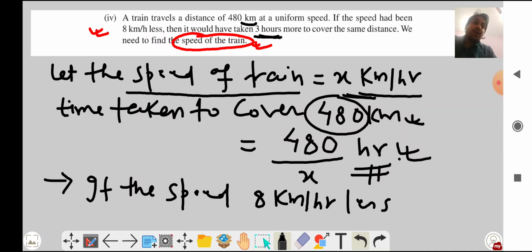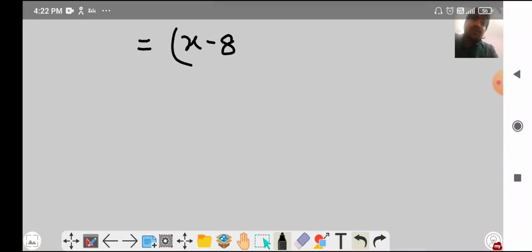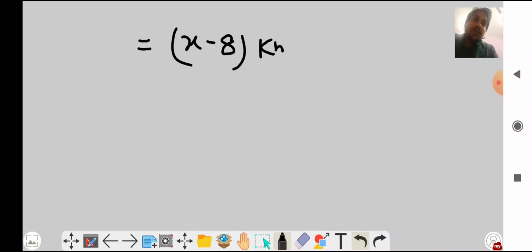See, what is the original speed? It is x km per hour. If it would be 8 km per hour less, so how much is the speed? Initially it is x, and if it is 8 km per hour less, it will be x minus 8 km per hour, right?